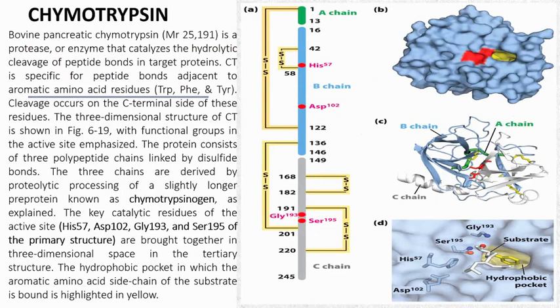Now, chymotrypsin actually undergoes almost the same process. There's a cleavage at positions 13 and 16, thereby removing amino acids 14 and 15.